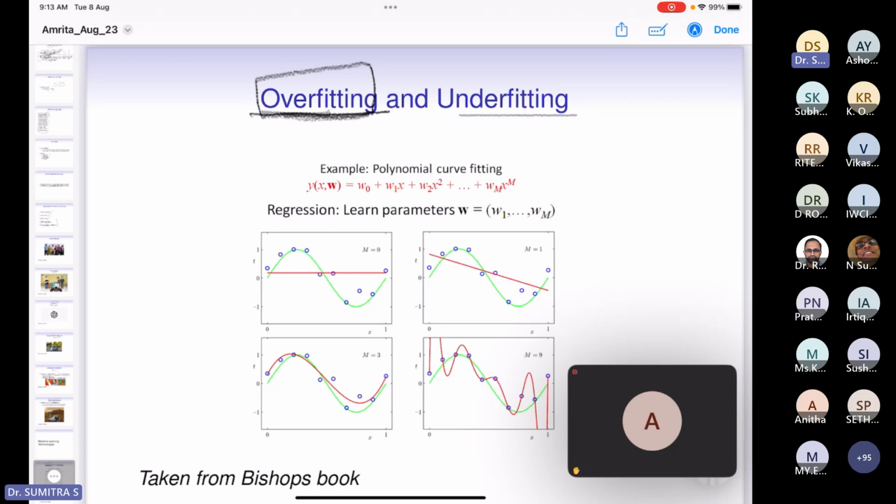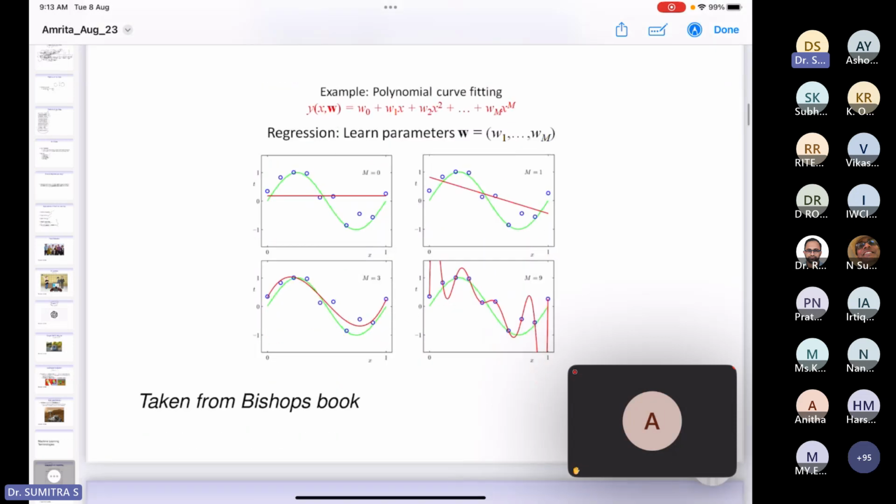The heading now is overfitting and underfitting. So there are four figures. You can see that, right? Ten data points are given. This is how data modeling happens.